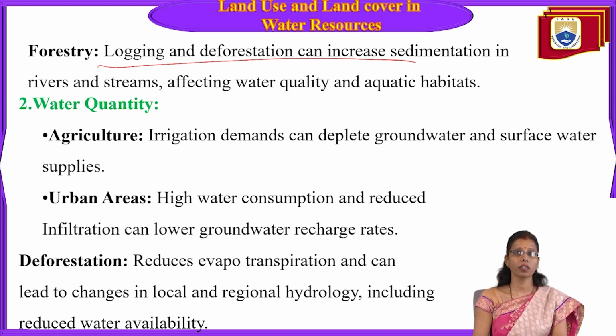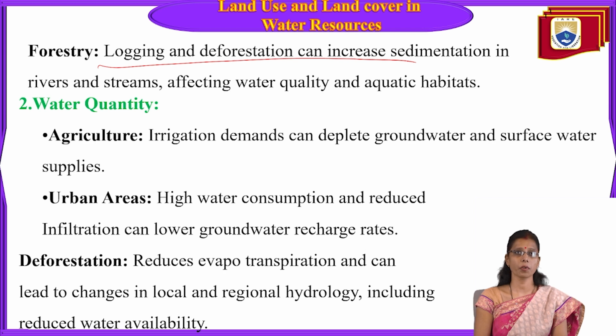Logging and deforestation can increase the sedimentation in rivers and streams. How it happens is that when soil erosion takes place, the eroded soil goes to the streams and rivers.